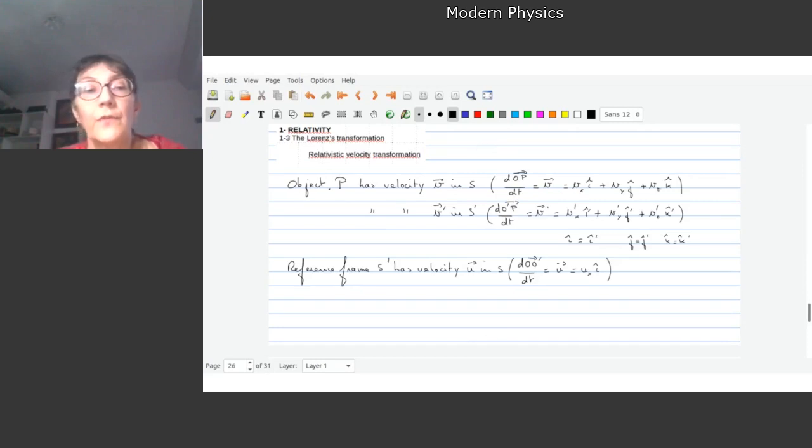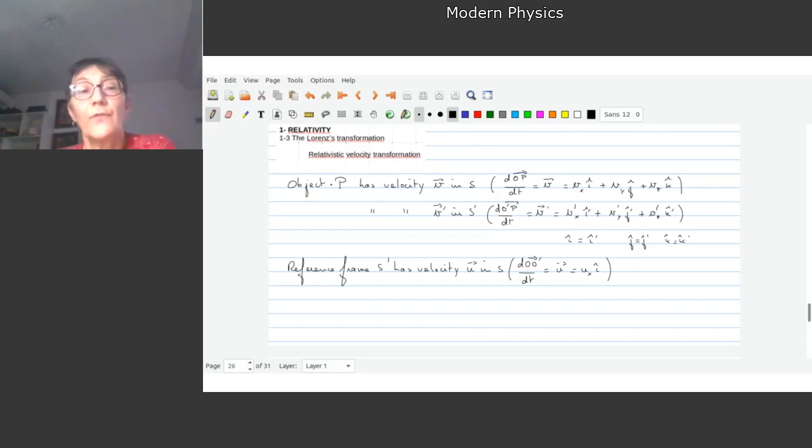So this particle, this object P, we will say it has a velocity v in reference frame S. I wrote down very clearly what it means to say that it has velocity v: OP is the position of P in reference frame S, and this is v.